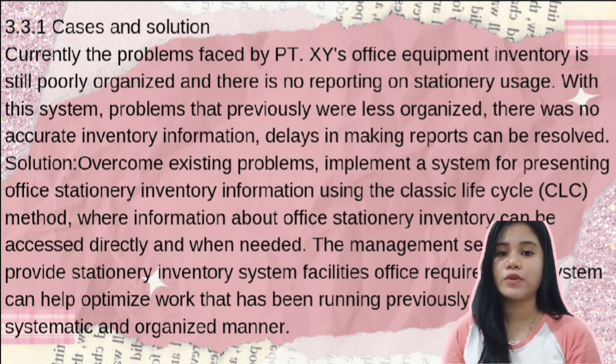The management section will provide the stationery inventory system facilities the office requires. The system can help optimize work that has been running previously in a more systematic and organized manner. The stages of the CLC method in application to the ATK inventory system, shown in figure 1, are explained as follows.